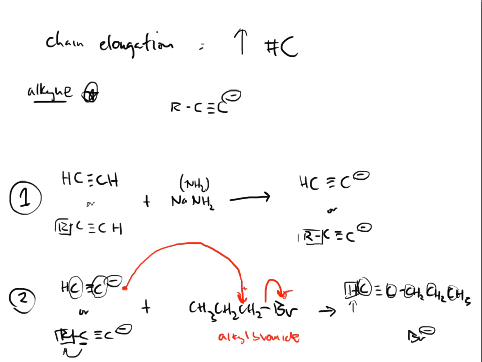However, this choice might be a very good option. And here's why. If I had a carbon triple bonded to a carbon, and that's it, acetylene, that's all, and I add amide to this, this is going to give me the acetylide ion because it came from acetylene.